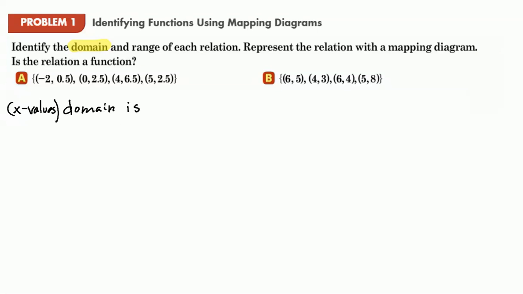Let's look at all the X values for this set of ordered pairs for A. You have -2, 0, 4, and 5. What we want to do is create a little bracket and go from smallest to largest.